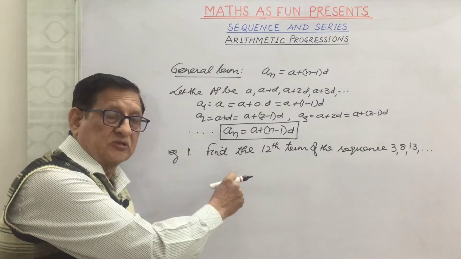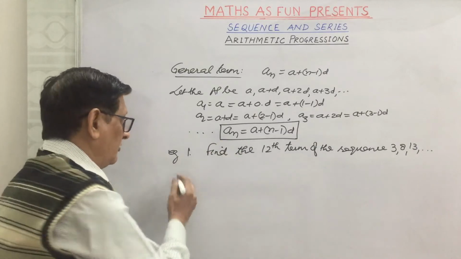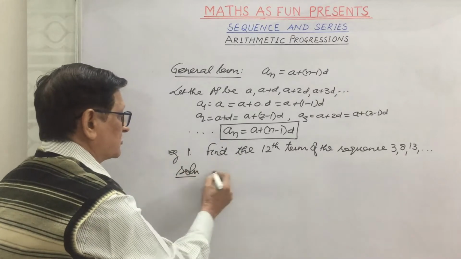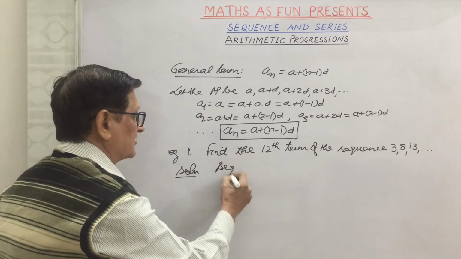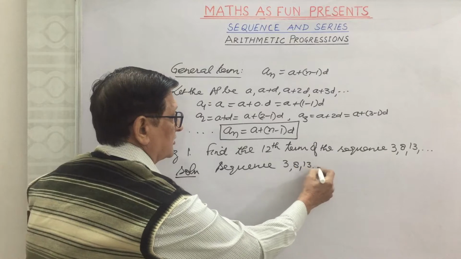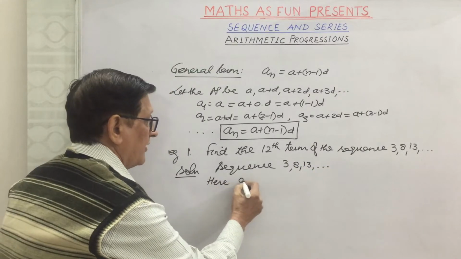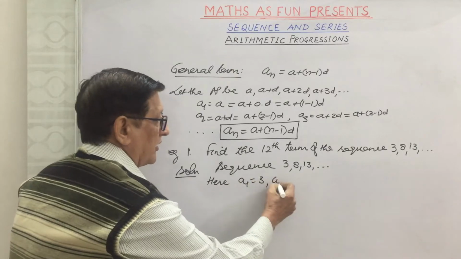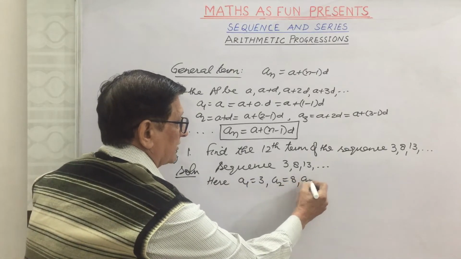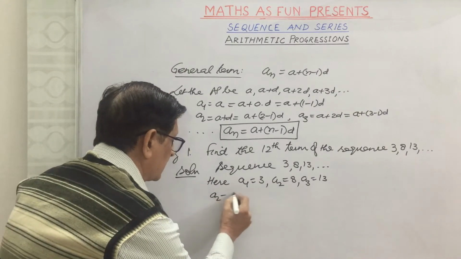Now to find the solution, first we have to see whether it is an AP or not. So we write the solution this way. First we write the sequence which is given to us, that is 3, 8, 13 and so on. Here we find a1 is 3, a2 is 8, a3 is 13. What is a2 minus a1?